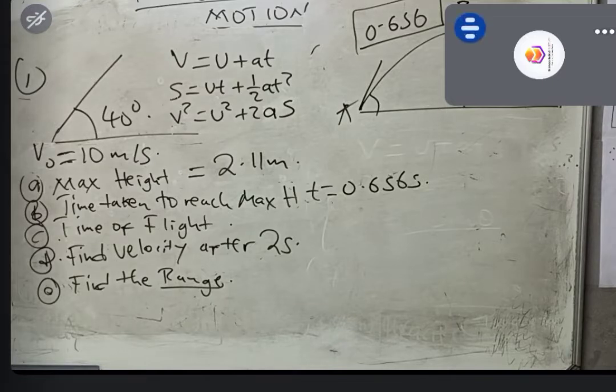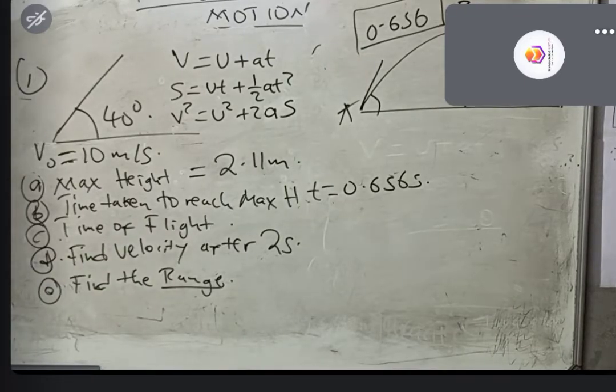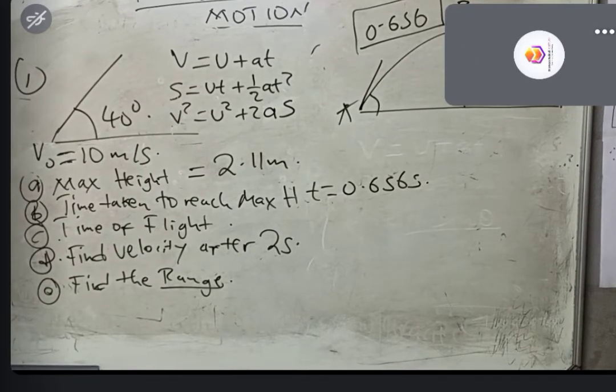Find the velocity after 2 seconds. Already you know that the time of flight is actually less than 2 seconds. How are we going to answer that question? Find the velocity after 2 seconds.